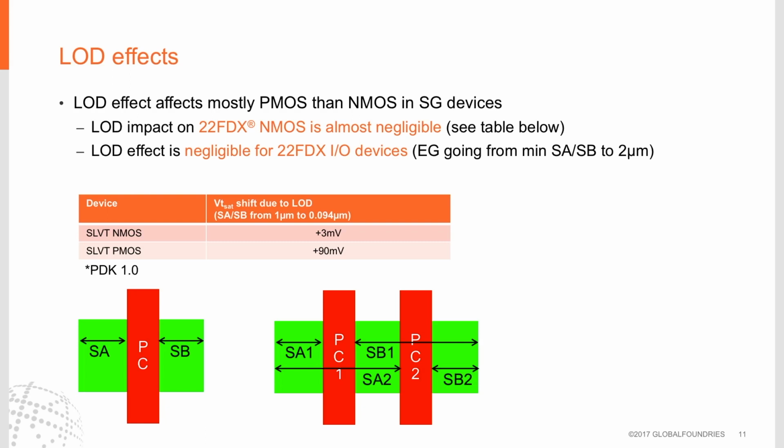Regarding the length of oxide diffusion effect, it affects mostly the PMOS more than the NMOS in our SG devices. The length of diffusion impact on the NMOS is almost negligible. It is negligible for the 22FDX IO devices as well. The EG going from min SASB to 2 microns.